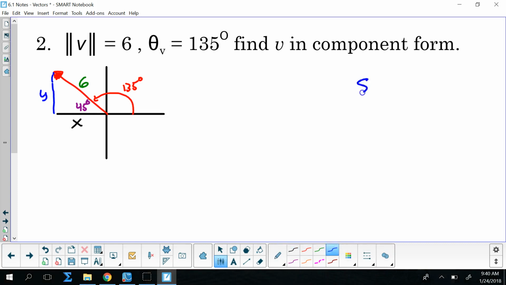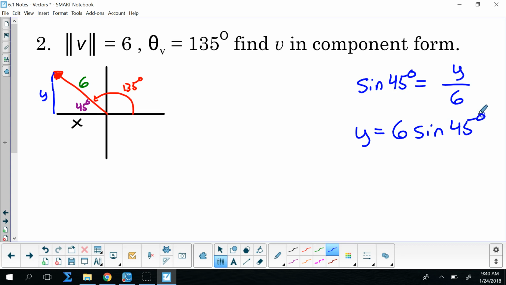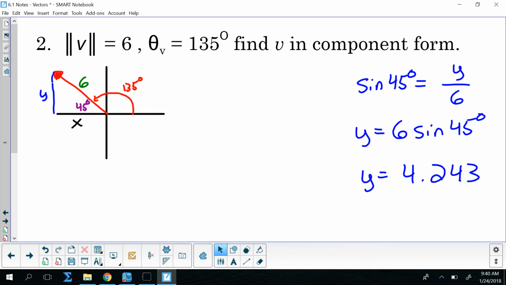So the sine of 45 degrees is going to be y over 6, or y is going to equal 6 times the sine of 45 degrees, which is 4.243. Now, knowing the fact that it's a 45, 45, 90 triangle, x is going to be 4.243 because it has equal legs, an isosceles right triangle.